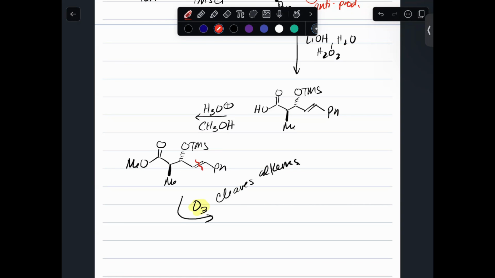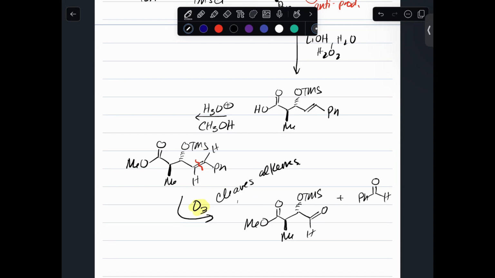And when it cleaves it, it gives you in this case, 2 aldehydes. Right? And it all really depends on the substituents on your alkene. Okay.